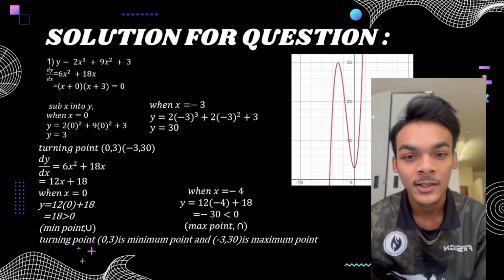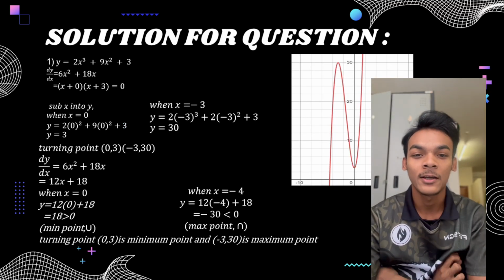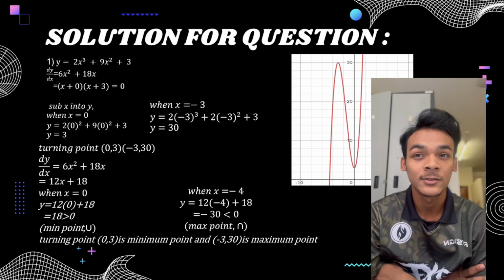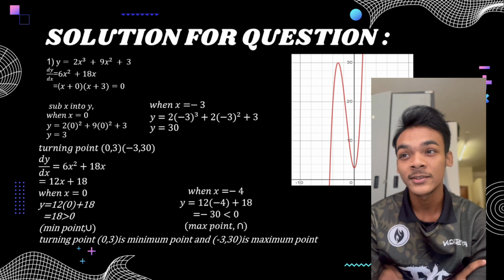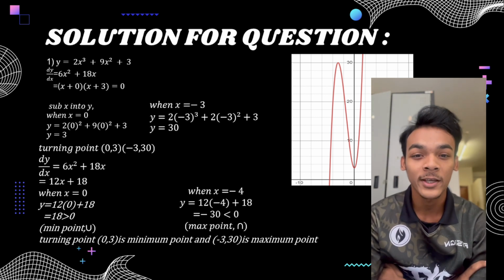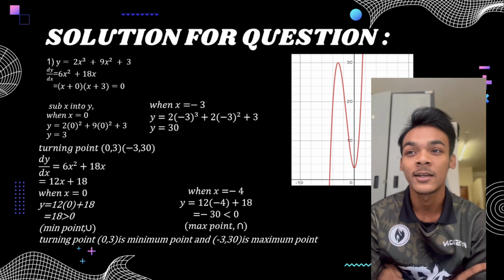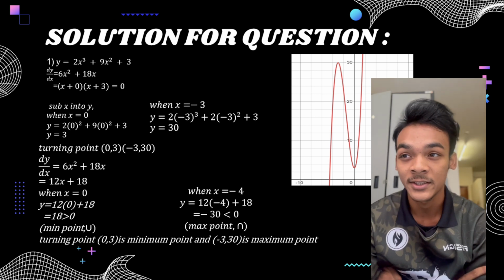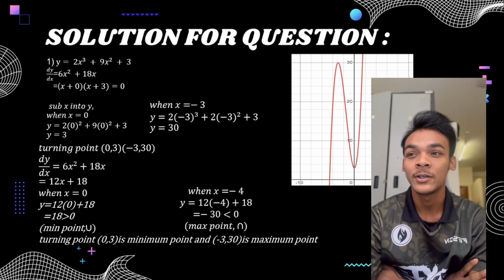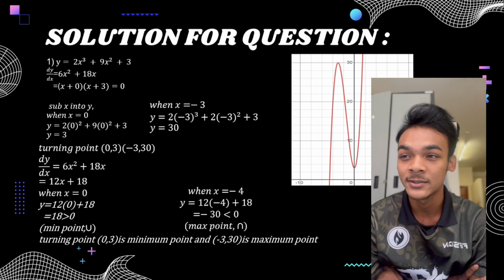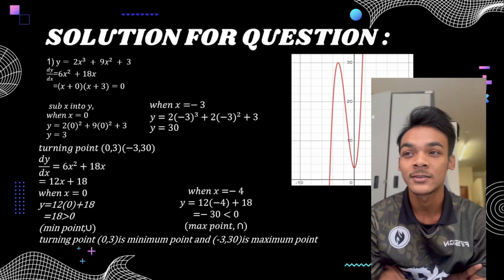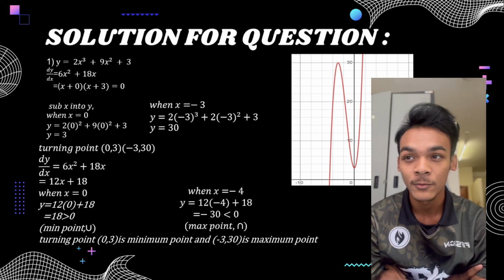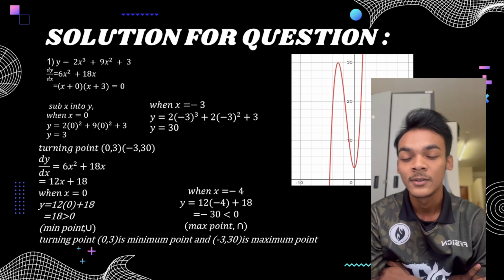Okay, so my name is Muhammad Syahrul Izham and I will explain the solution for the question. Question number 1: y = 2x^3 + 9x^2 + 3. First, we differentiate, so we get dy/dx = 6x^2 + 18x.